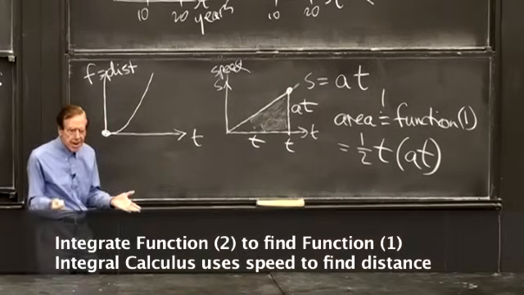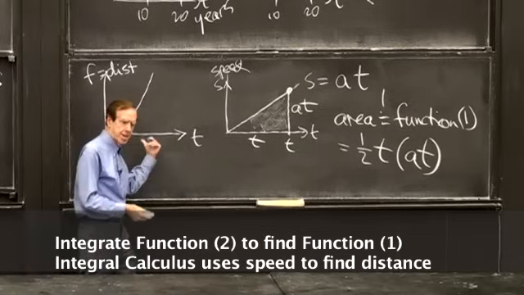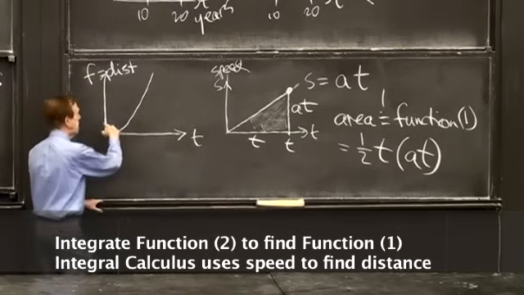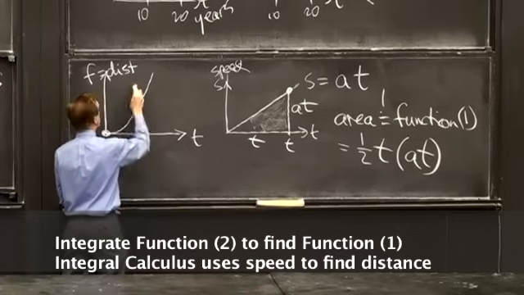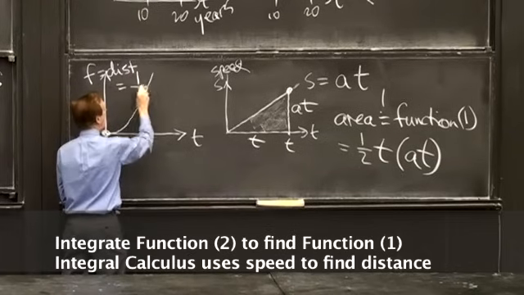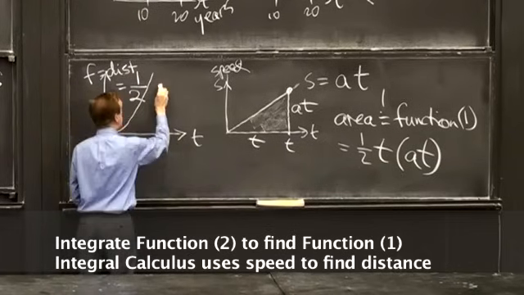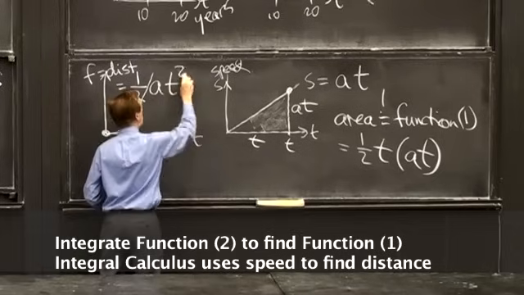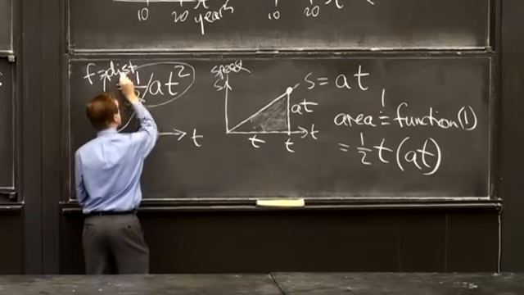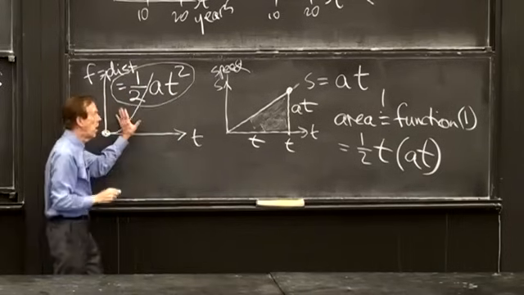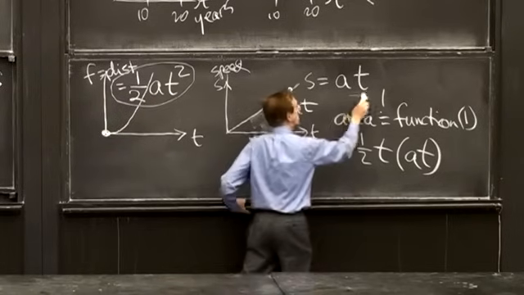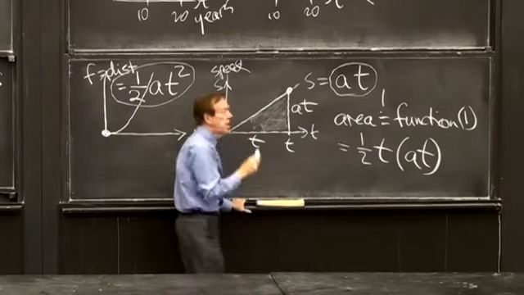That's the area, and calculus will tell us that's function 1. So this function is 1/2 of a times t squared. So there is a function 1, and here is df dt.